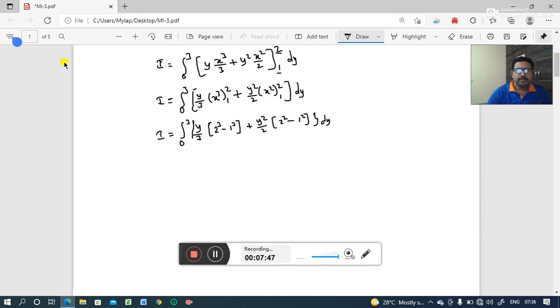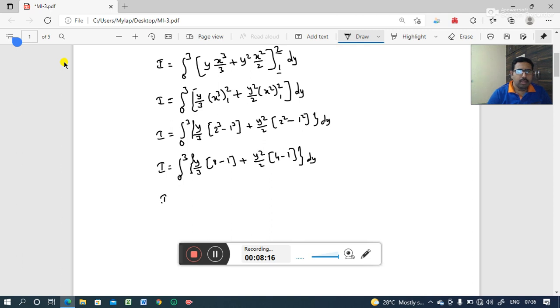So in the next step we shall simplify this. I is equal to integral 0 to 3 y by 3. So 2 cube is 8. So 8 minus 1, plus y square by 2 into 2 square is 4 minus 1, so into dy.